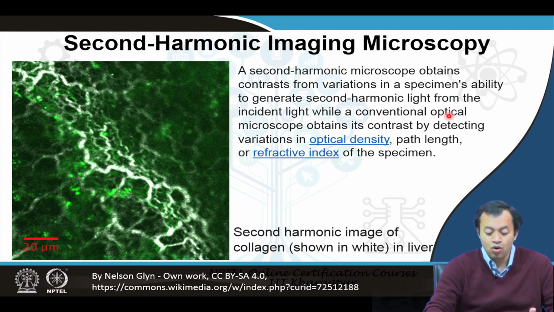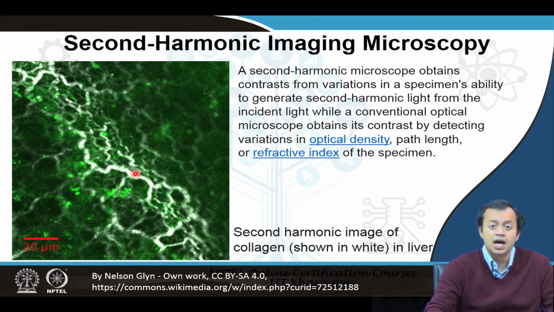So, a conventional optical microscope deals with optical density, refractive index, path length. The second harmonic microscope only depends on the generation of second harmonic light. Second harmonic light, omega plus omega, 2 omega. If 2 omega is returning back, you have sent two red lights only when you see blue light or green light returning back from a particular specific area.